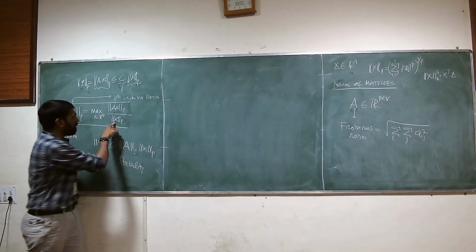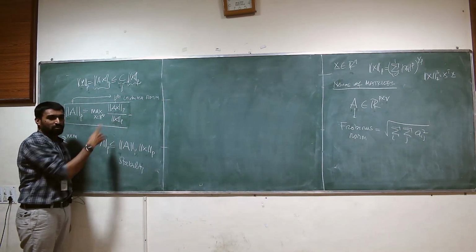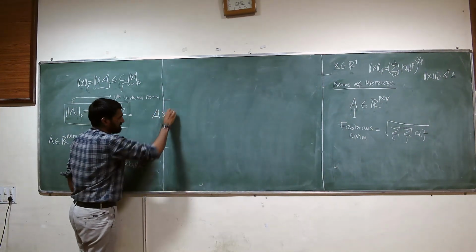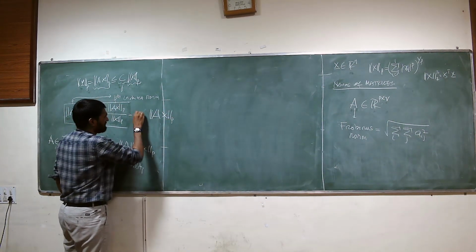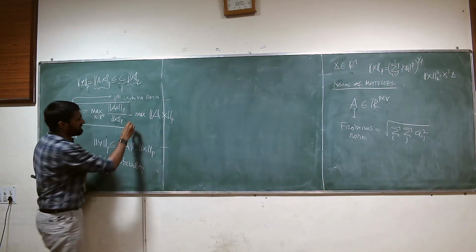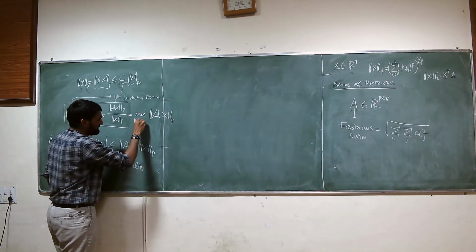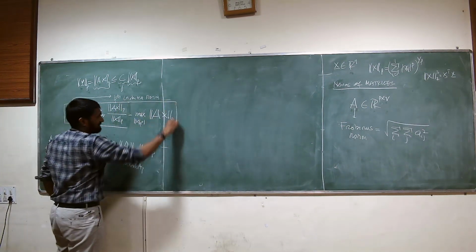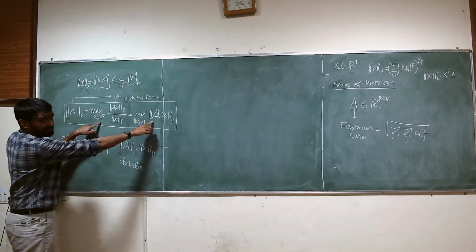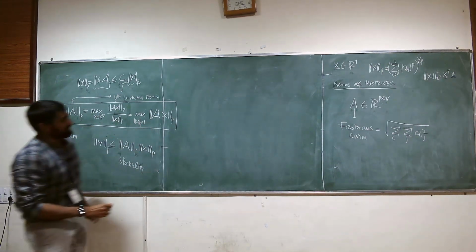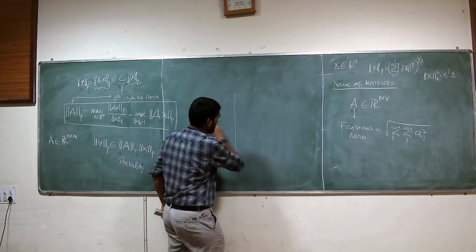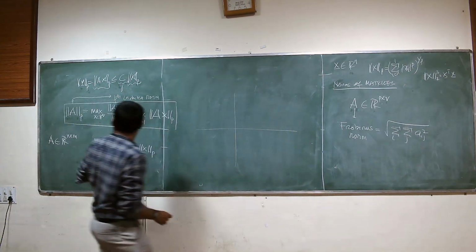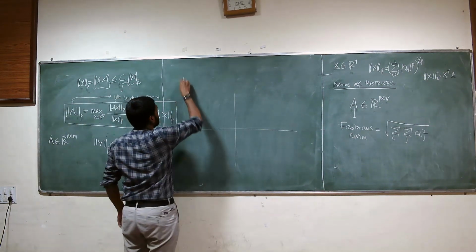You take all possible x's whose pth norm is 1, and then you simply look at the maximum of this when the pth norm of x is 1. This is another definition and both of them are exactly the same. Let's see what this means. Now, let's say we have a 2 cross 2 matrix.